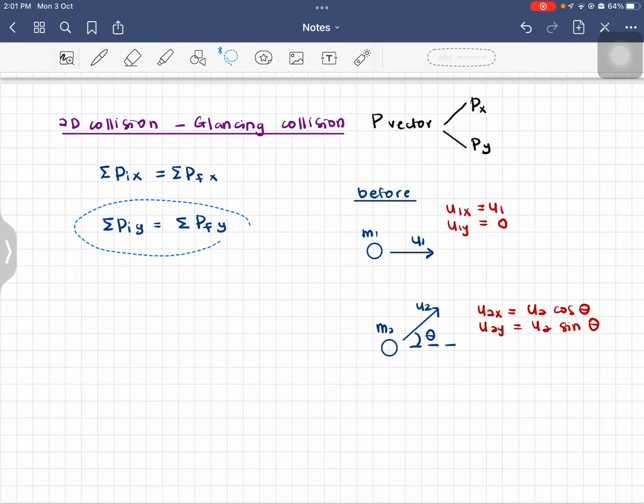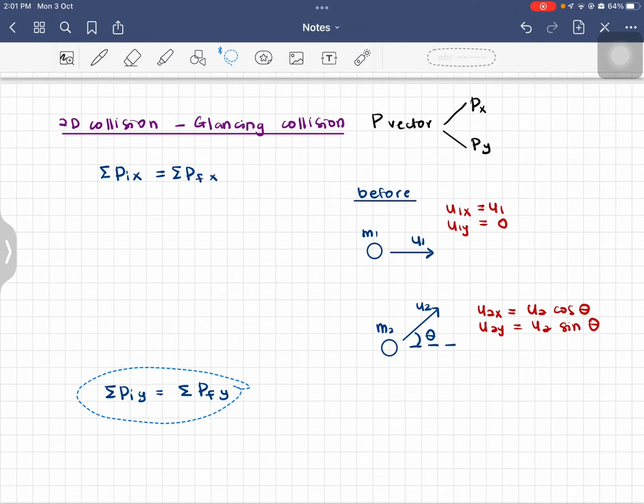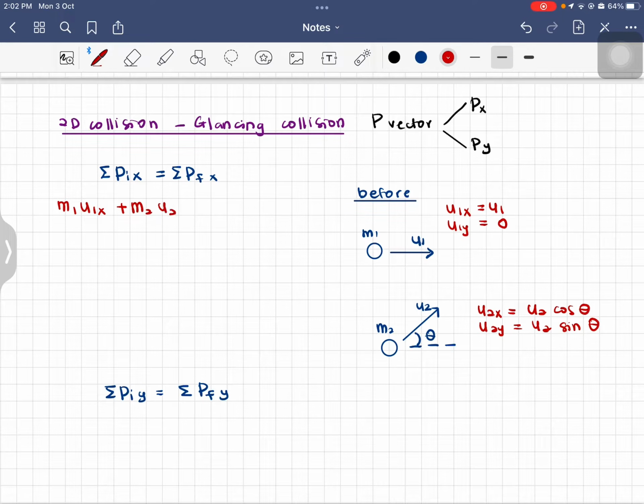So, what happened to your conservation? You need to put it as X component and Y component. So, I remind you again, when it has component Y and X, put your symbol in your equation. Macam ni kan? M1 U1x tambah dengan M2 U2x. Letak macam ni.